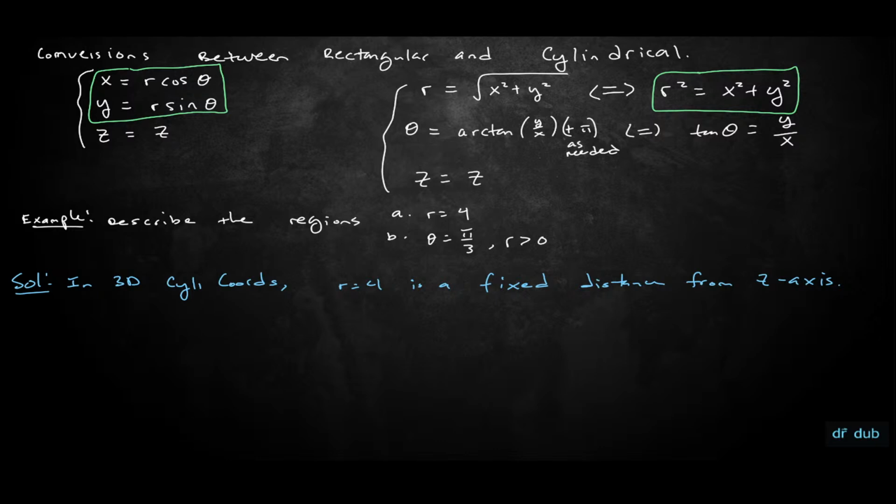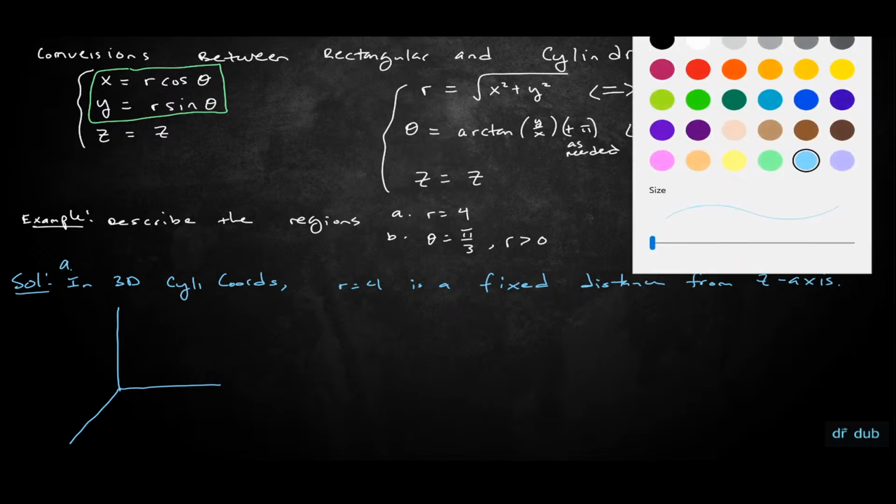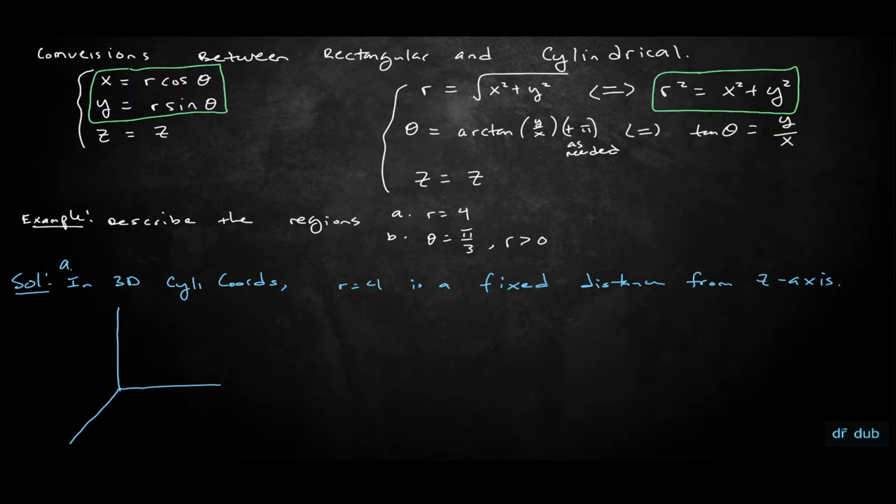So this is part A. If we draw a set of axes in 3 dimensions and we draw a fixed distance of 4, that's a circle, and then regardless of z as well, we just see an infinite cylinder.